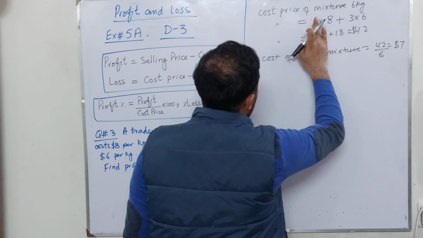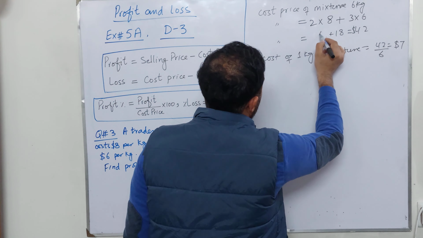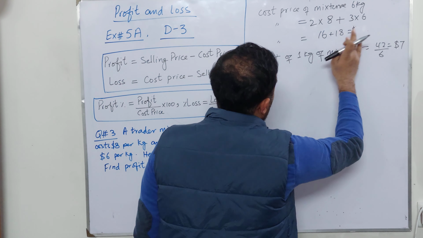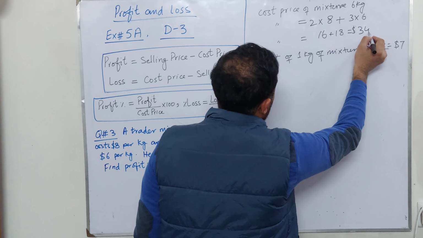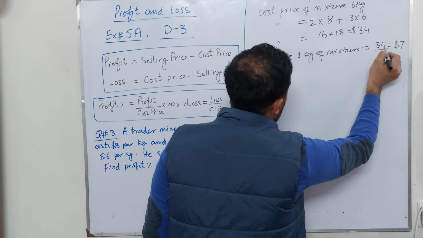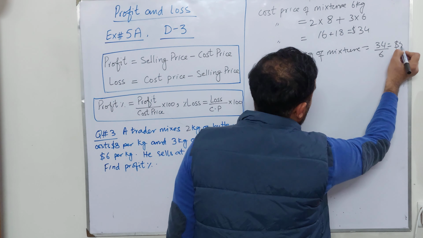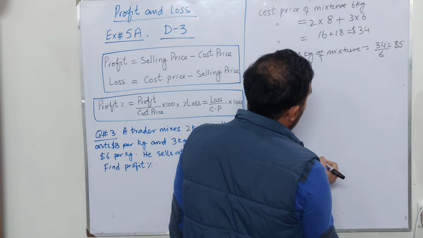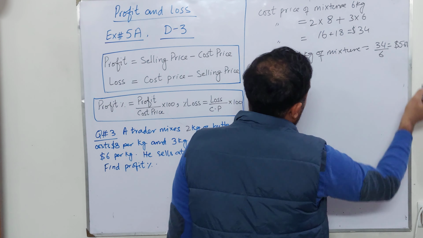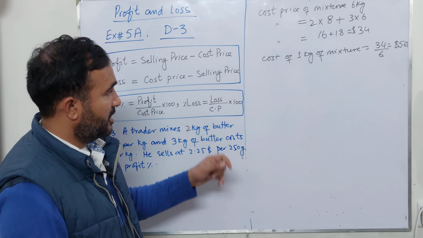So it will be 2 kg, so it will be 16. Okay, and it will be $34, so 34 by 6, so it will be 5.67 per kg. That is the cost of the mixture.